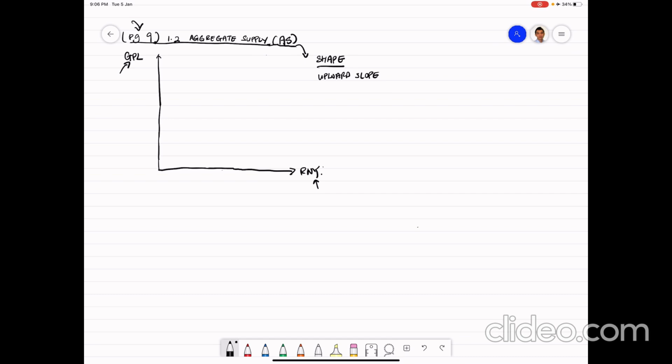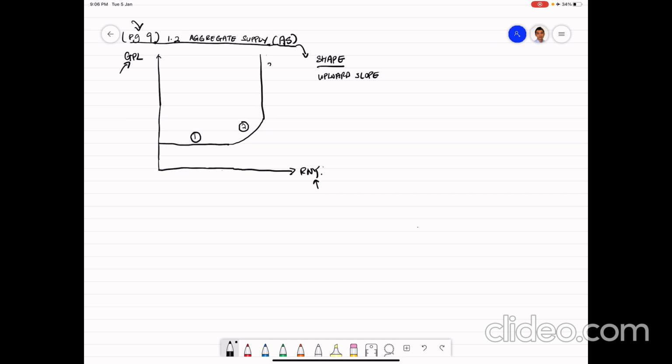There are actually 3 regions that you need to draw when you draw the diagram on page 9. The first part of the shape is this horizontal portion, so let's call that region 1. Then it bows upwards like this, so let's call this region 2. And then you have a vertical section like this.